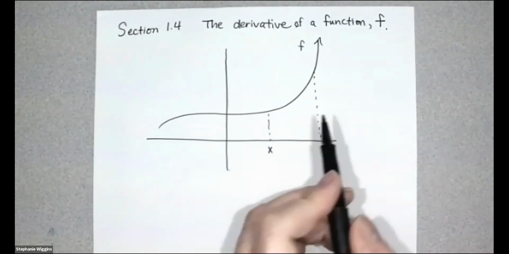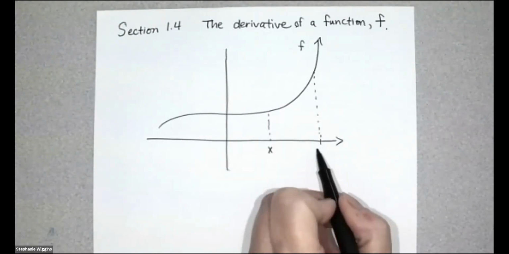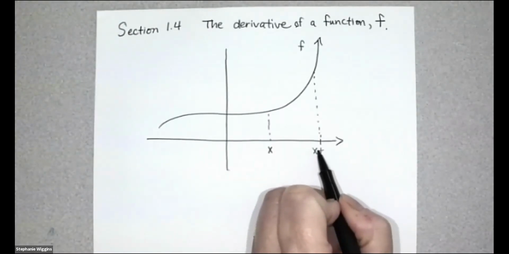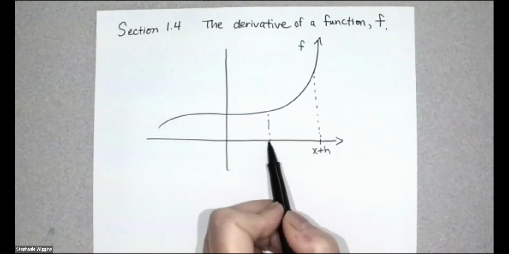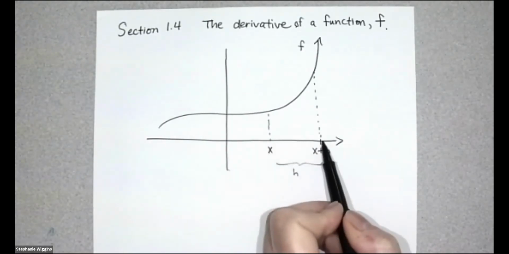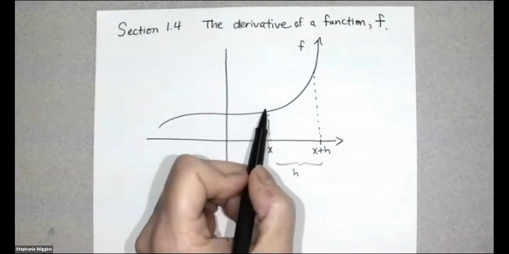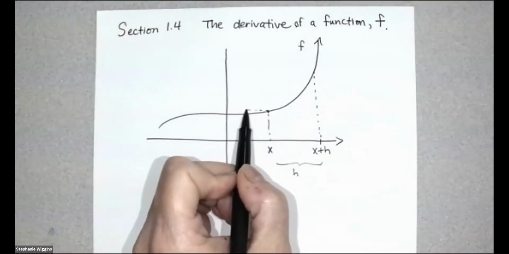We'll take X to be fixed, but the distance from X to the next point is what's going to vary, and that is X plus H. So here's X, and then you add to that H, and it brings you over here to X plus H, okay?